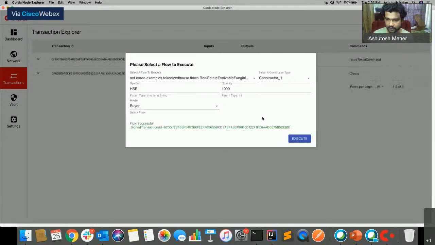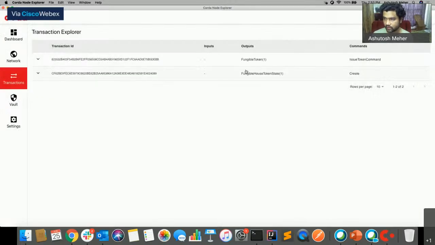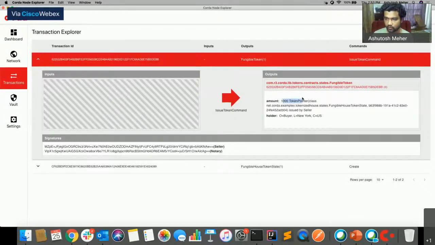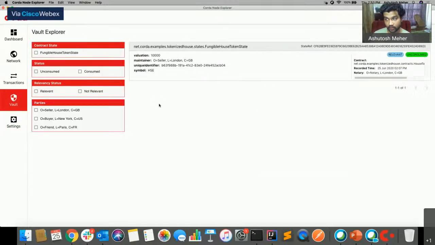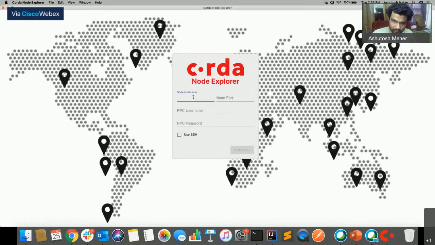When this is done, you can see one more transaction. This is the issue token transaction, and 1,000 tokens have been issued to the buyer, which you can't see here because the token is not being held by the seller, but by the buyer. So I'll have to log in as the buyer to check his vault and see if he has the tokens.